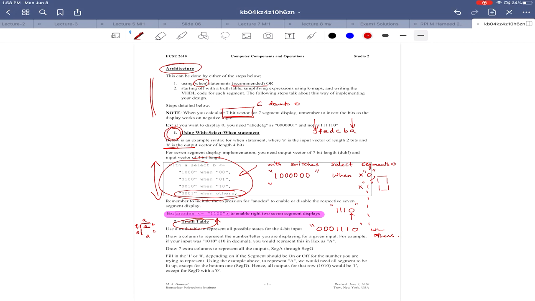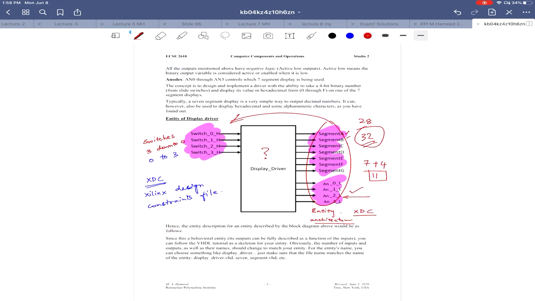Should I assign to anode in XDC? Yes. Again, whatever is in the entity has to be in the XDC.